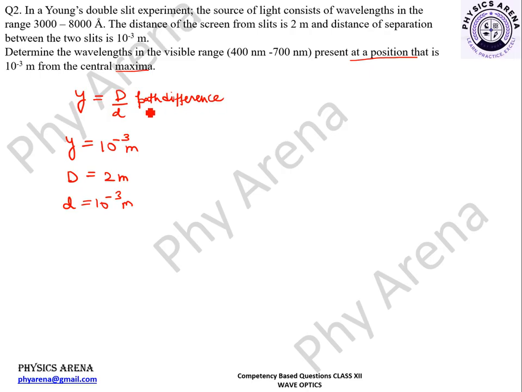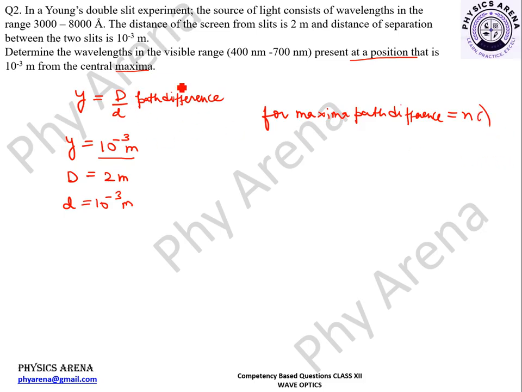We need to find out what wavelength of light is present at this distance. So we need to equate this path difference with the given condition. For maxima, the path difference can be written as n lambda.